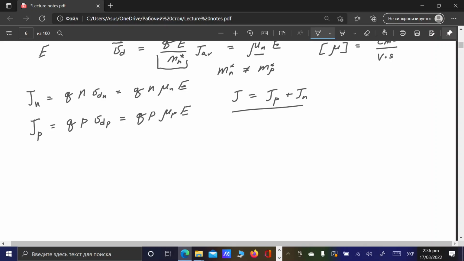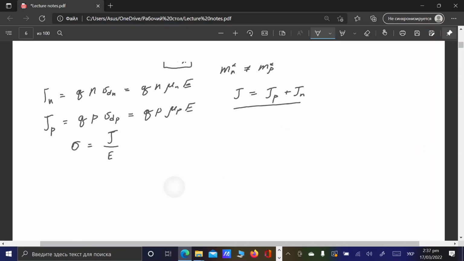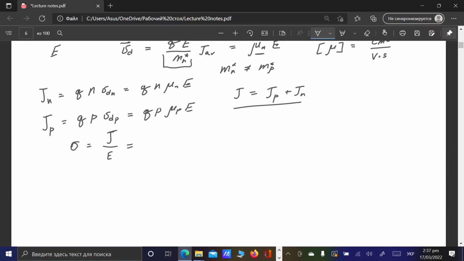If we want to determine, for instance, the specific conductivity sigma of this semiconductor, according to Ohm's law in differential form it is J divided by the electric field magnitude, and that will also be equal to two contributions originating from electrons and holes: q times n times mu n plus q times p times mu p.